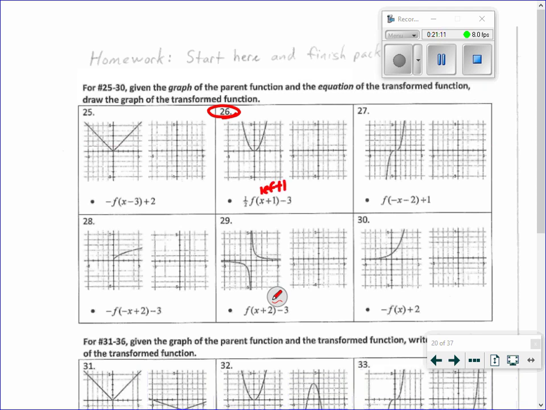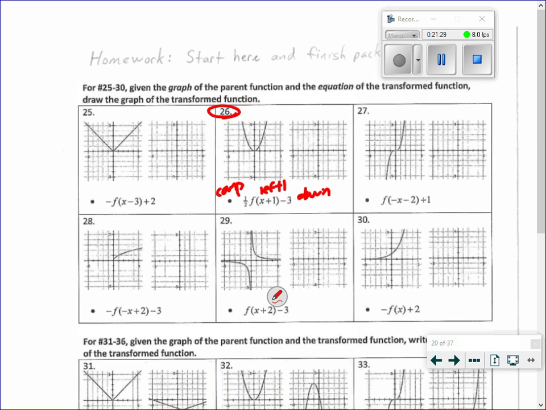So I know I go left 1, I go down 3, and I'm going to compress by 1/2. Those are my 3 things I should be doing. A lot of you guys have been asking about the order. It doesn't really matter as long as you get it all done, whatever works best for you.